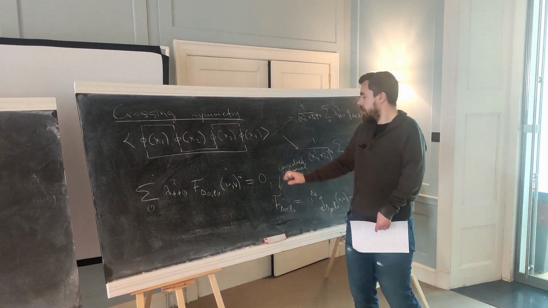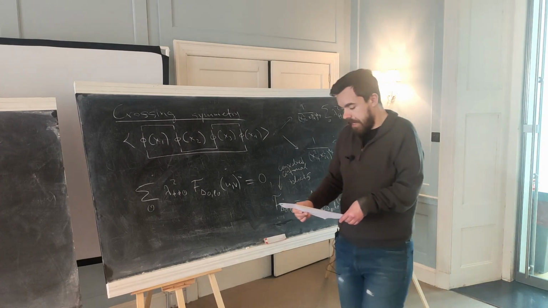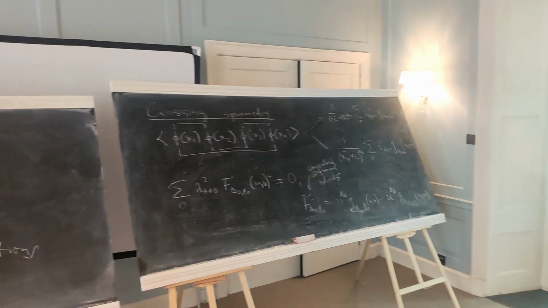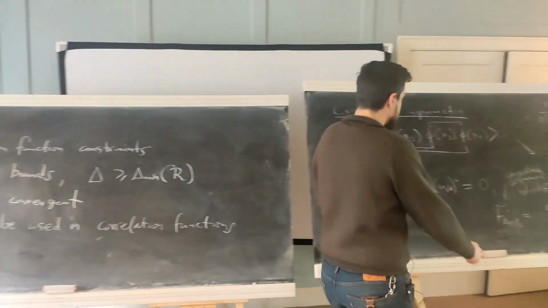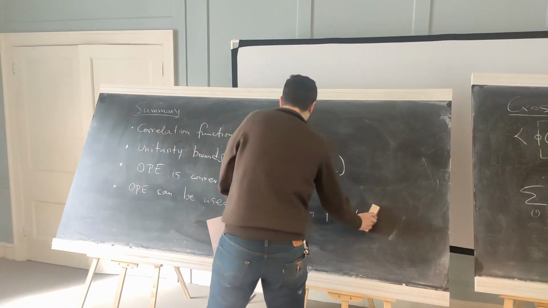Okay, so this is the crossing equation, and now we want to understand what we can do with this. And as we've done many times, the first thing to do when you try to understand something so complicated is to consider a limit.